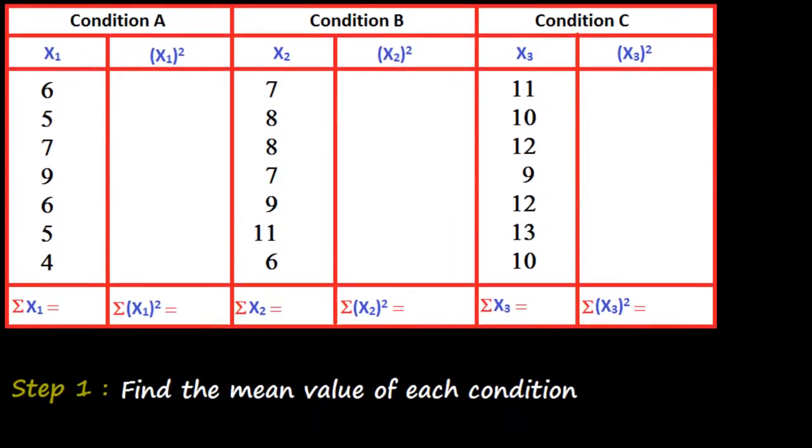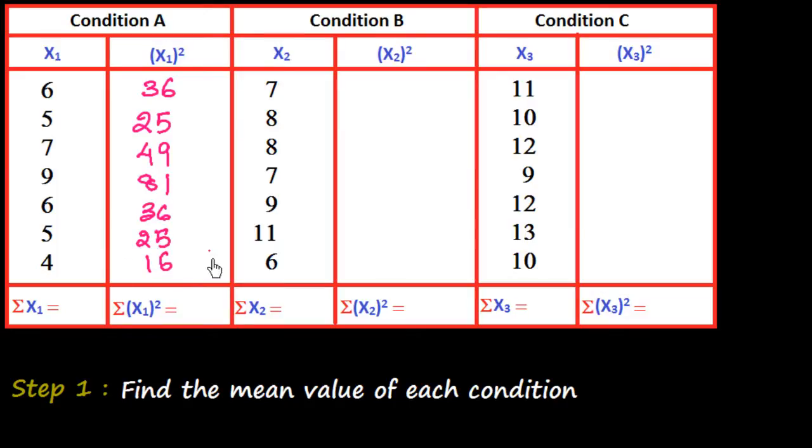Now we make the square of all of these. The square of 6 is 36, square of 5 is 25, square of 7 is 49, square of 9 is 81, square of 6 is 36, square of 5 is 25, square of 4 is 16.